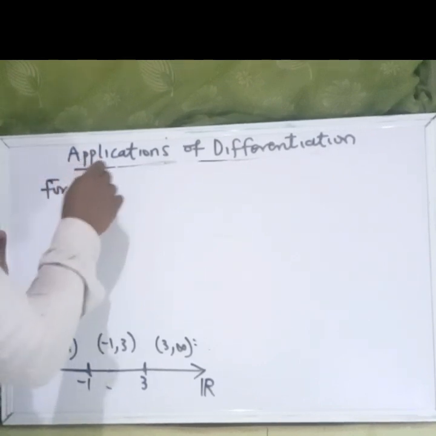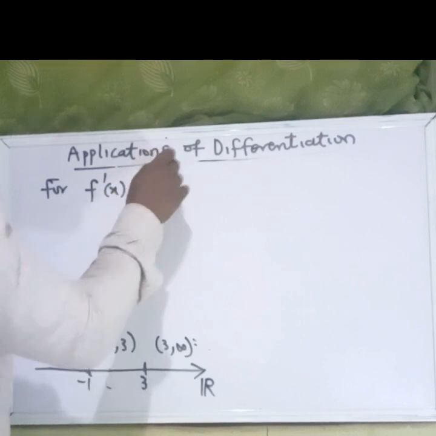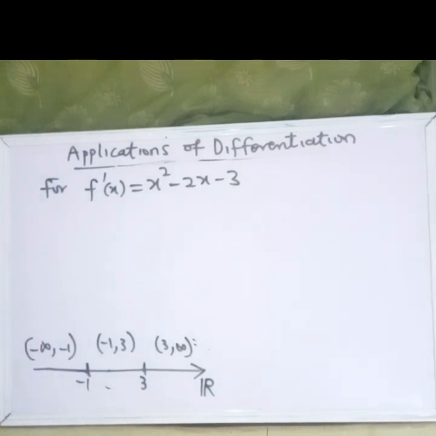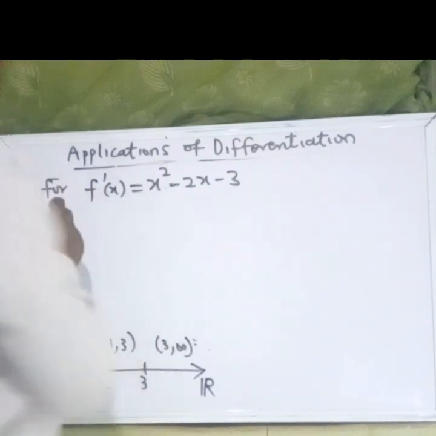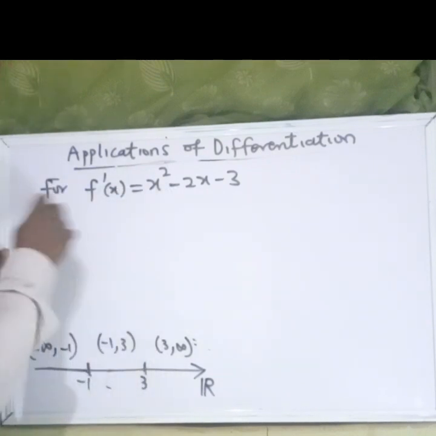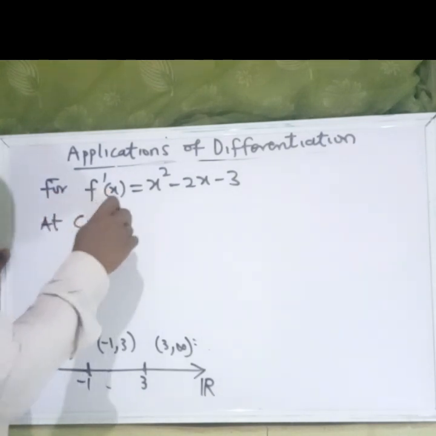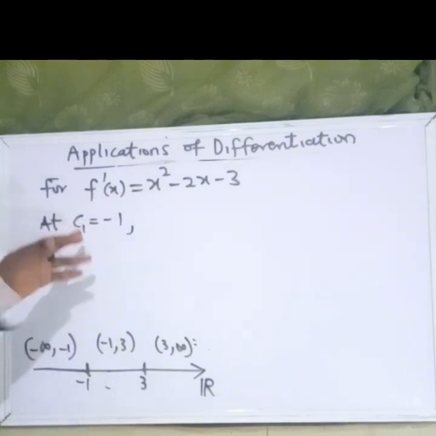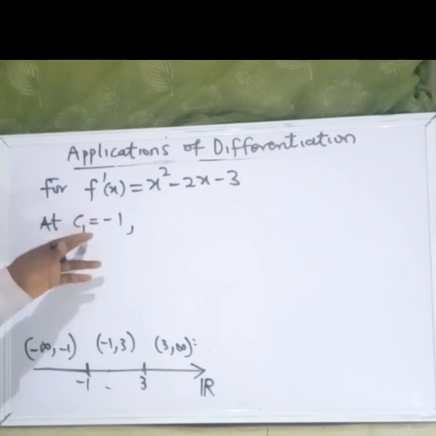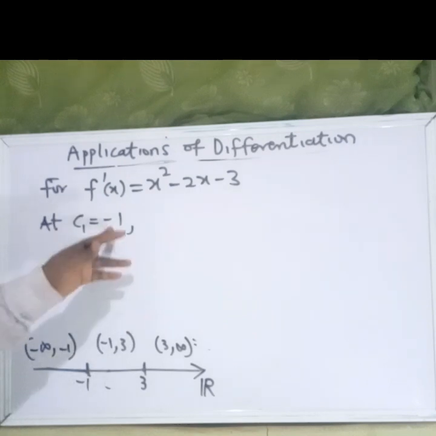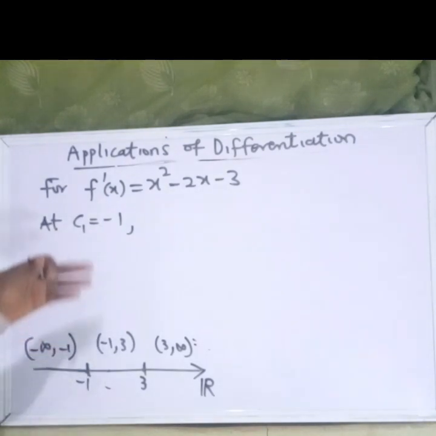We know that for the slope, at x equal to c1 equal to -1, we choose two values: one value from the left of c1, and the other value from the right of c1. So we'll use that to tell what is happening.